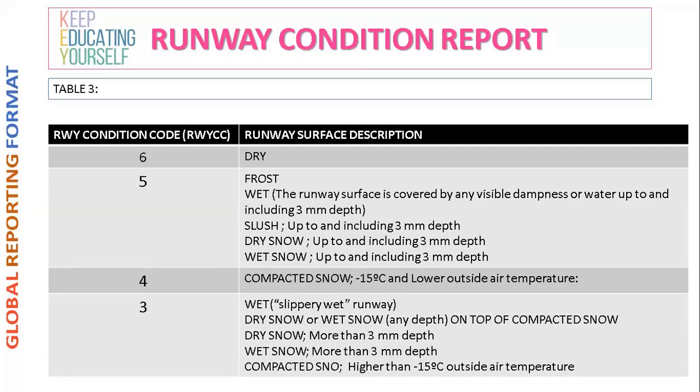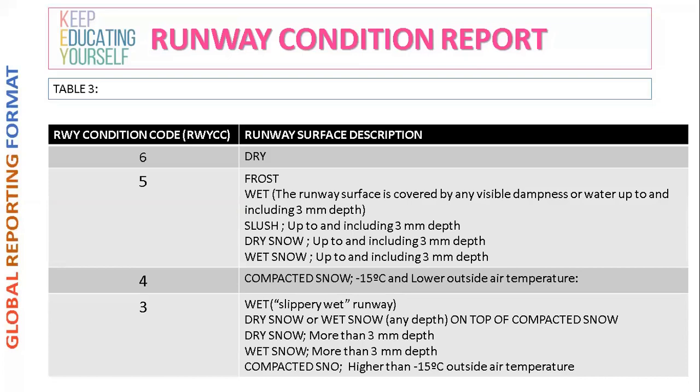Why I have mentioned up to 3 mm of depth, we will see later, because there is a change in runway condition code if the depth changes. So remember again, in 5: frost, wet, slush, dry snow, wet snow, with a contaminant depth up to and including 3 mm. Then we report runway condition code as 5.